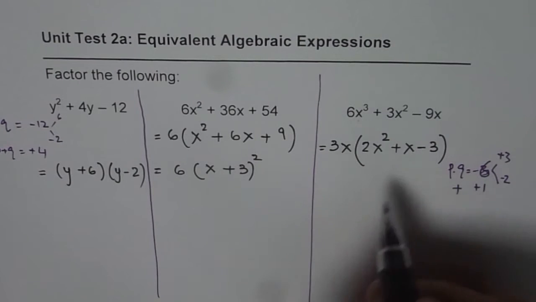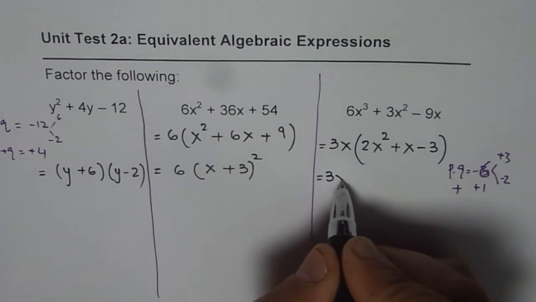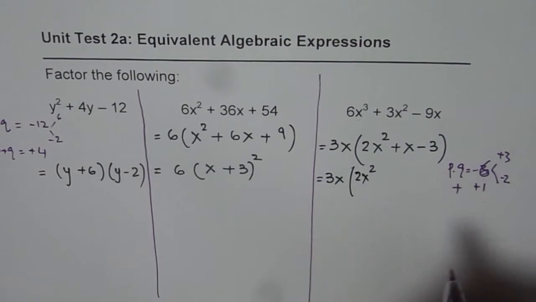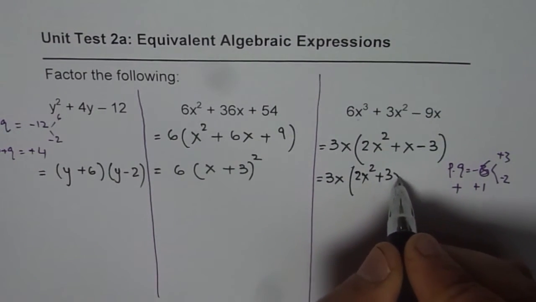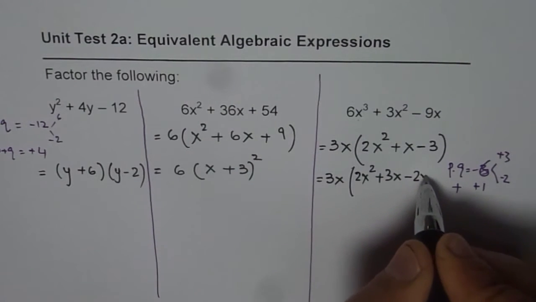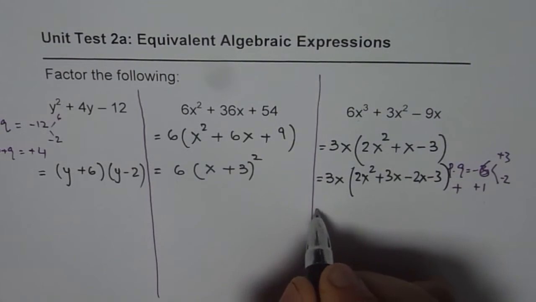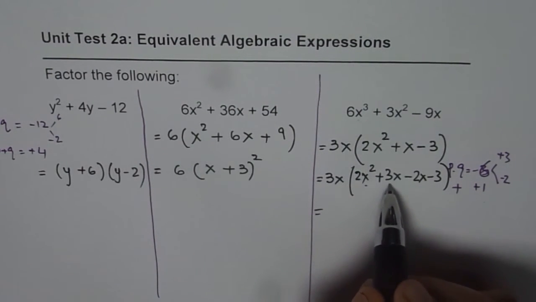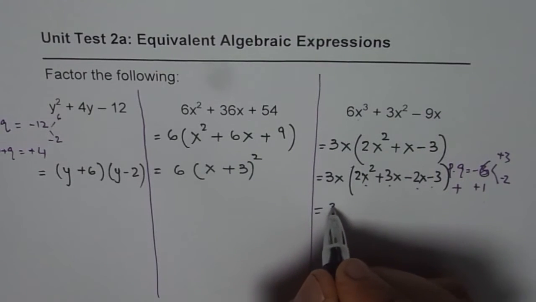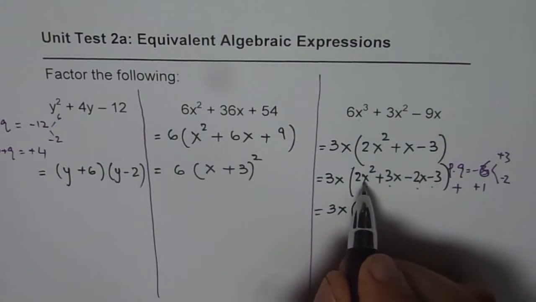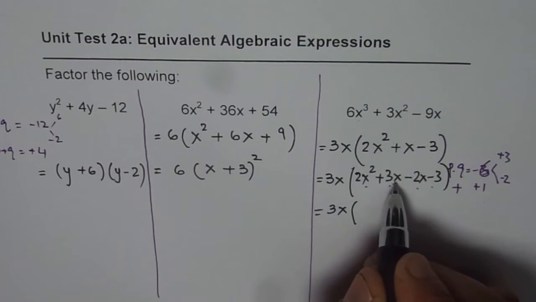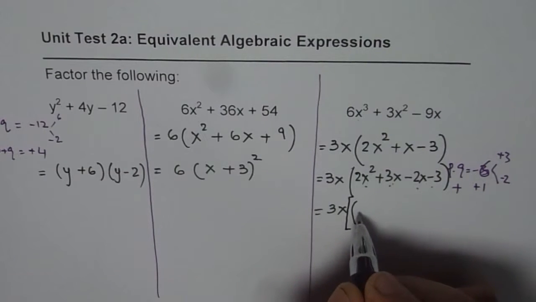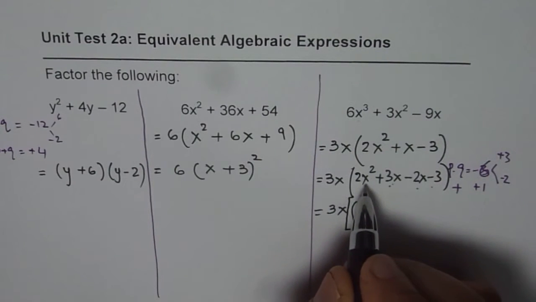So let us expand this first and then club the terms. So we have 2x squared, and instead of x, I'm going to write this as 3x minus 2x, right? Minus 3. Now we decomposed x as 3x minus 2x. Taking these 2 terms and the other 2 terms, we can further factor. So here the common factor is x. So let me use a square bracket, and within this square bracket I will write x as a common factor.